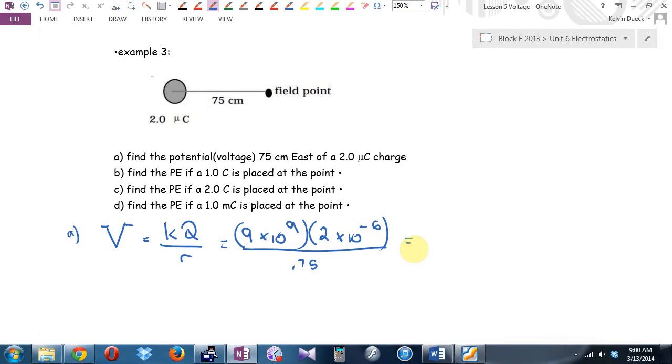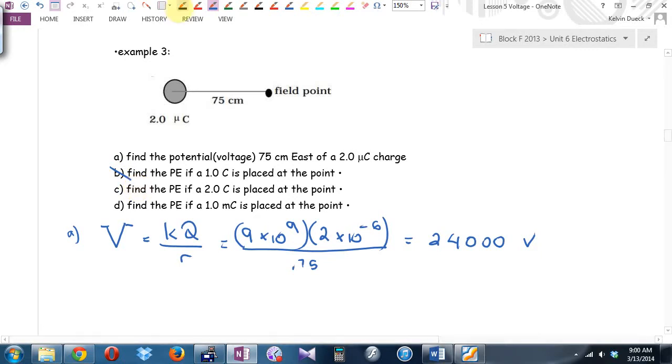Dividing by 0.75 is the same as dividing by 3/4, the same as timesing by 4/3. 18 divided by 3 is 6 times 4, 24,000? Double check me. Yeah? Units: joules per coulomb, which is defined as a volt. Again, we're going to cross out B.